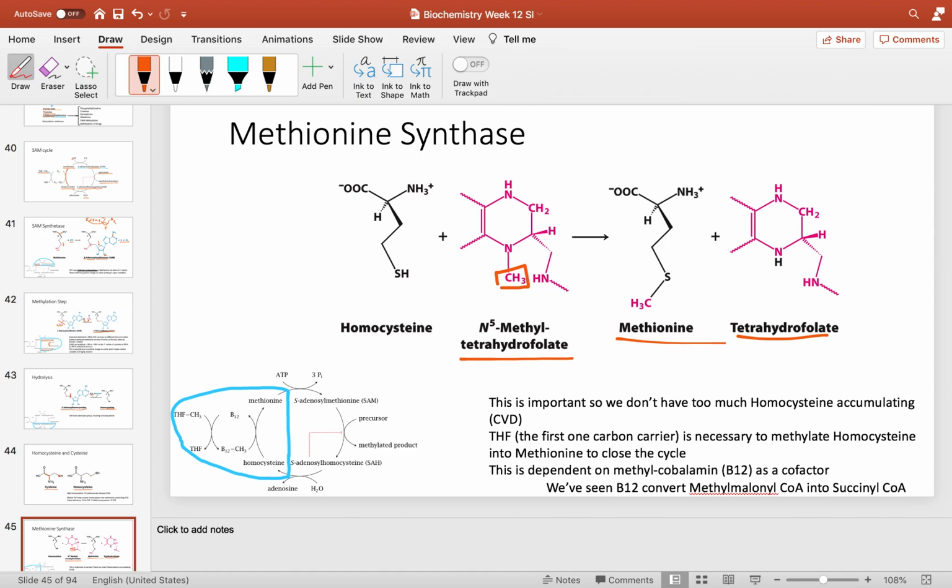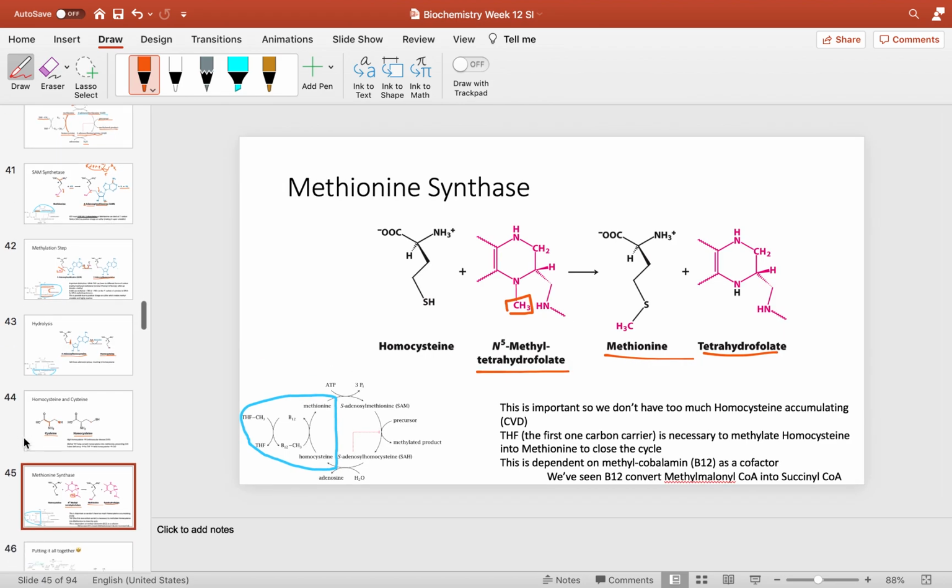So we need this THF form to revert it back to methionine. If we have a folate deficiency, then you're screwed, because now you'll have a lot of homocysteine accumulating. And an important niche detail to know is that this reaction is dependent on methylcobalamin, which is vitamin B12. And the only other reaction in the human body, I believe, where this cofactor is used was back in the fatty acid chapter, where it converted methylmalonyl-CoA into succinyl-CoA.